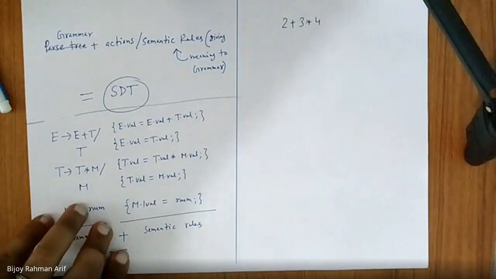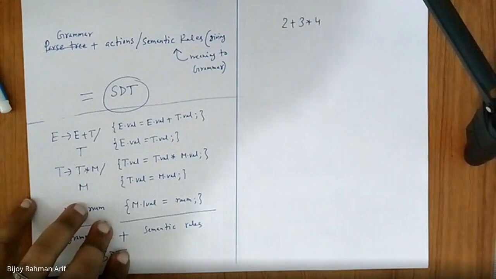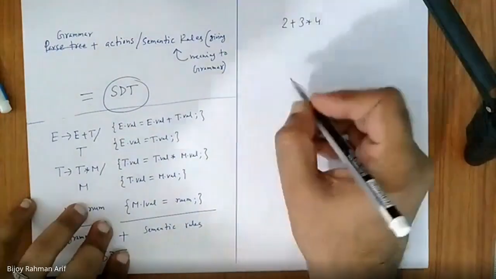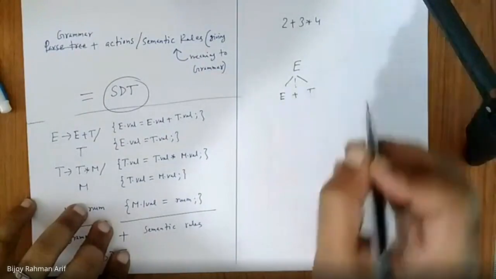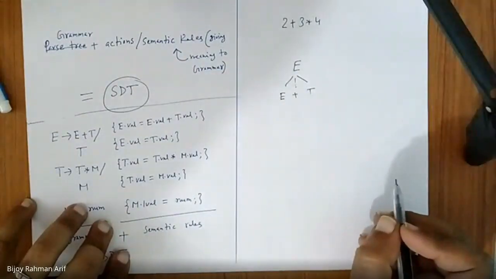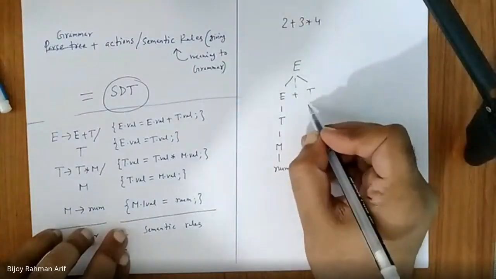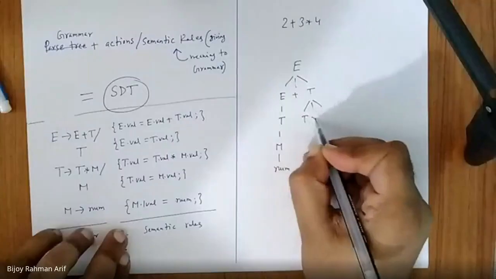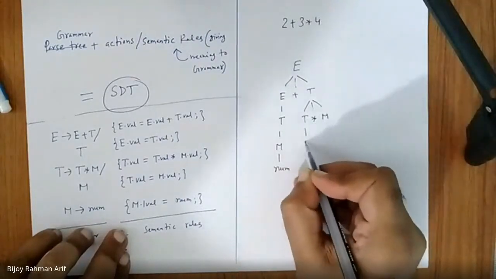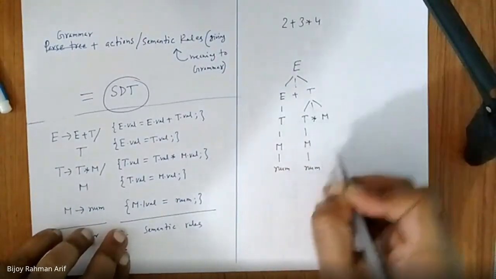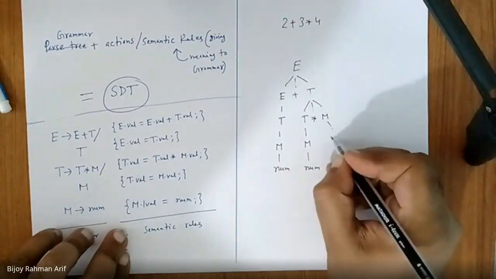E derives E plus T, then E derives T, T derives T star M, M derives num, T derives M, M derives num, and M derives num.